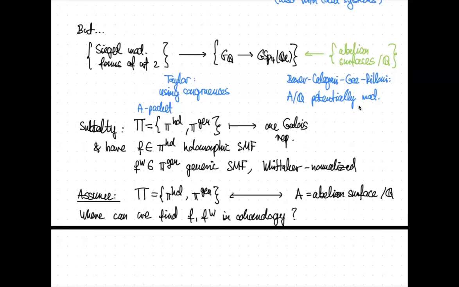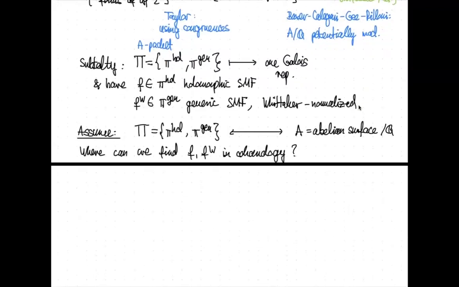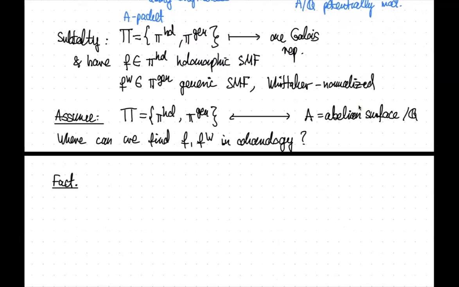This is the next question I have to answer. And the way the story goes, again, is maybe similar to how weight one modular forms are found. So every holomorphic modular form is a section of a certain line bundle. So let me just say this as a fact, that there is E over X, which is a certain line bundle.